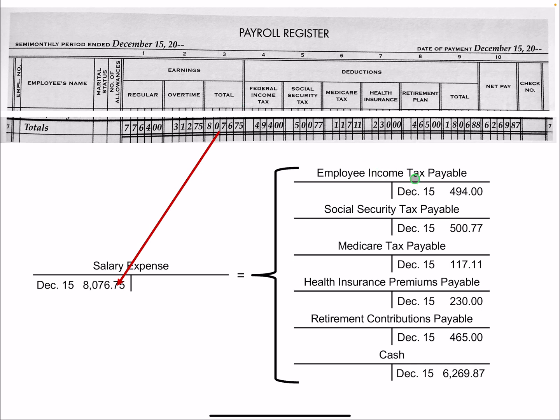Remember, these are all liabilities, thus the word payable. You will write out one check to pay all your employees because it gets put in that payroll account. And the total amount of all of the deductions and the cash is a salary expense to your business.